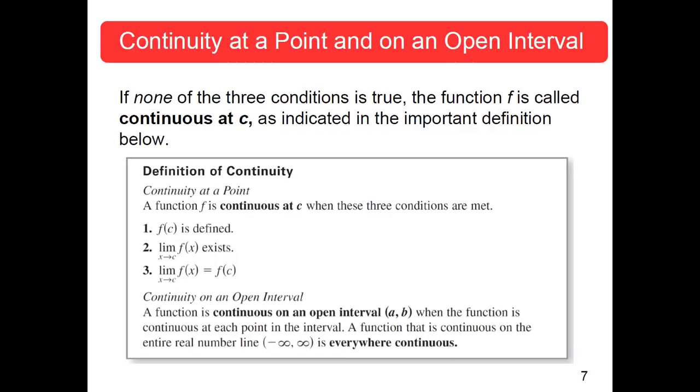Examples of those might be your pretty standard polynomial functions, or maybe sine of x or cosine of x. Those are examples of functions that are everywhere continuous because they are continuous at every point in their domains, and their domains are all real numbers from negative infinity to positive infinity.